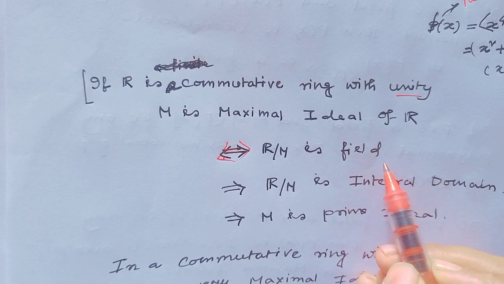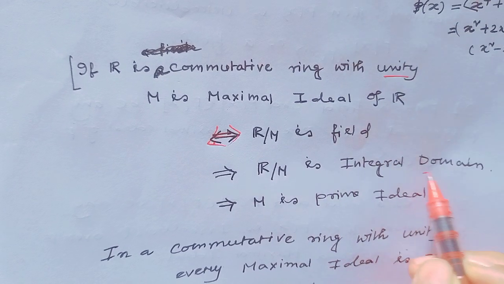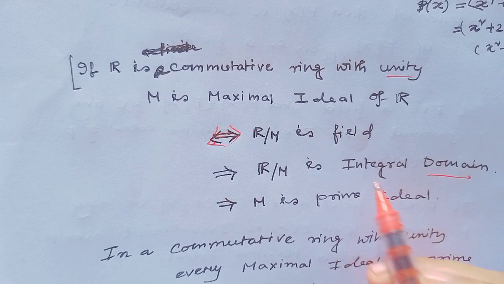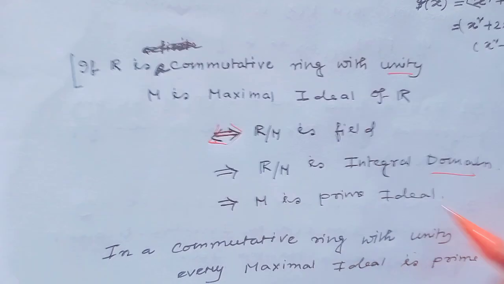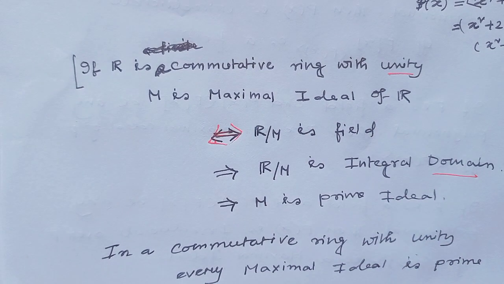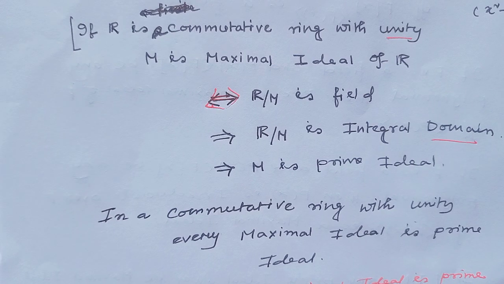If R mod M is a field, we all know every field is an integral domain. So R mod M is an integral domain, and since R mod M is an integral domain, that implies M is a prime ideal. In a commutative ring with unity, every maximal ideal is a prime ideal. But the converse is not true.